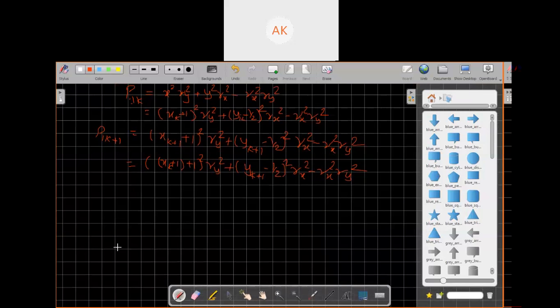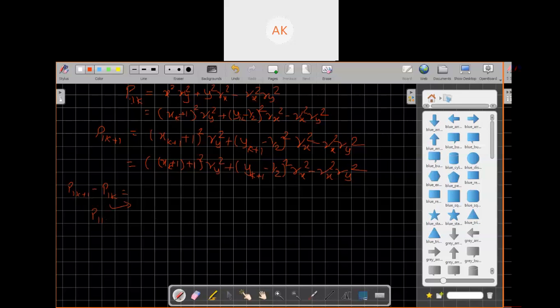Just simplify this next decision parameter p1 k+1. Just subtract the initial decision parameter p1 k from this. Can I write the final value, or should I simplify all this equation? Please unmute and speak. If you tell me, I can just simplify what the value will ultimately be. Sir, direct final value. Okay, I can write the final value of your next decision parameter, p1 k+1 minus p1 k. So just transfer this term.